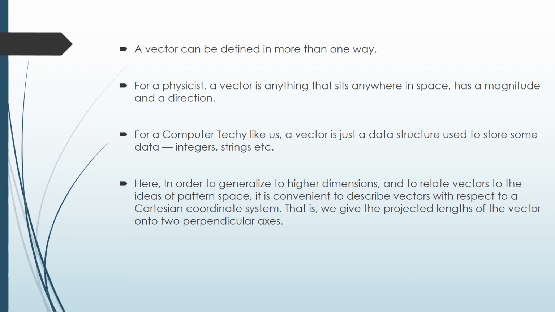Here, in order to generalize to higher dimensions and to relate vectors to the ideas of pattern space, it is convenient to describe vectors with respect to a Cartesian coordinate system. That is, we give the projected lengths of the vector onto two perpendicular axes.